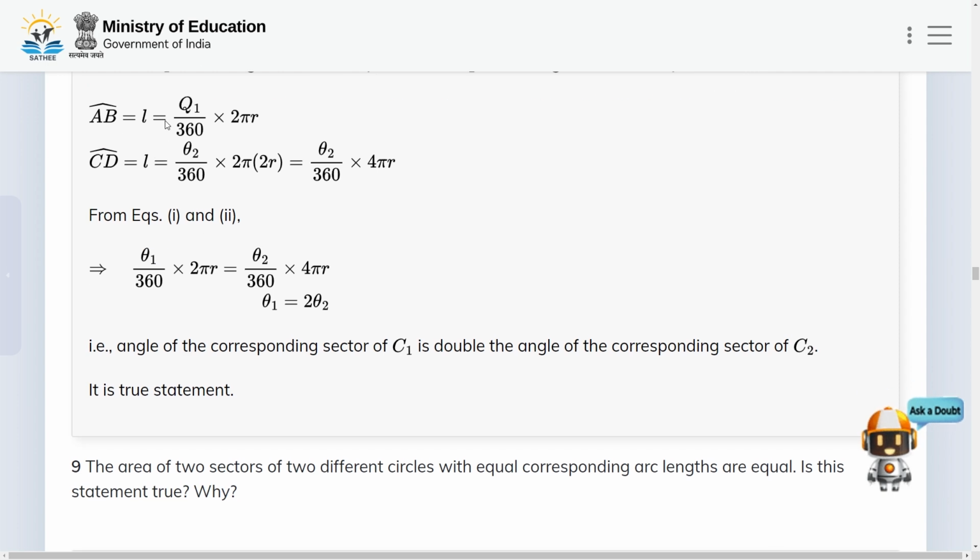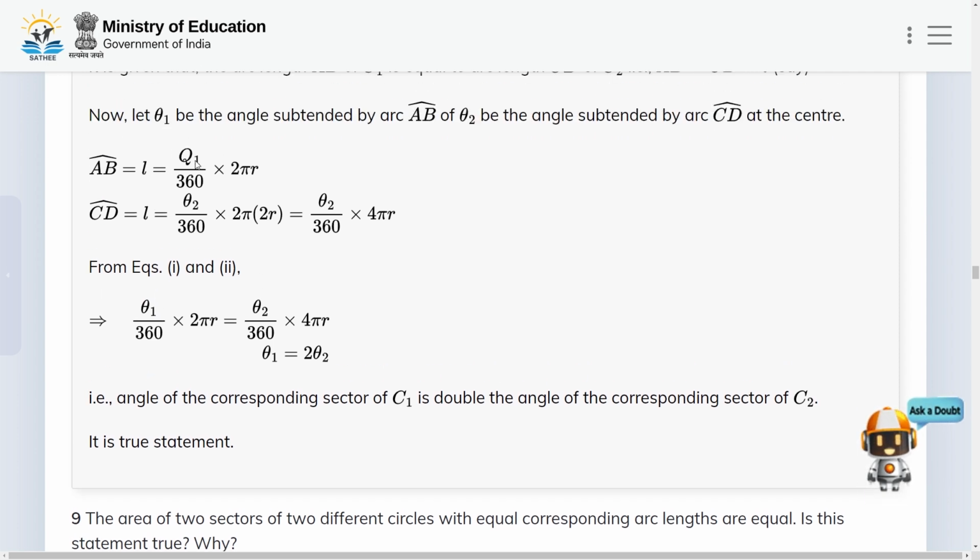Arc length AB is L, that is theta 1 by 360 into 2 pi r, and CD is L, which is theta 2 by 360 into 2 pi into 2r, that is theta 2 by 360 into 4 pi r.